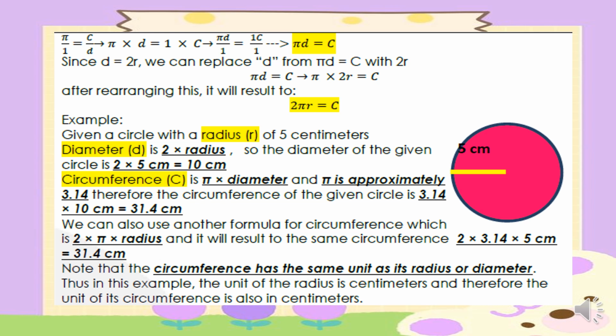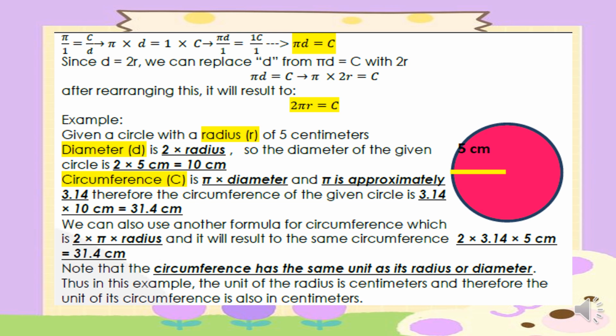So pi D equals C, and pi times 2r equals C also. After rearranging, it will result in 2 pi r equals C.